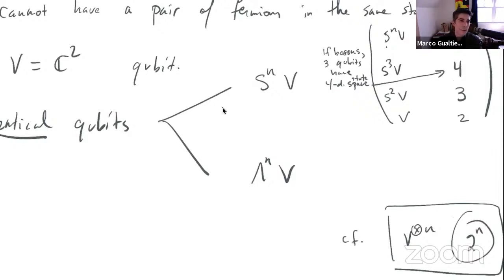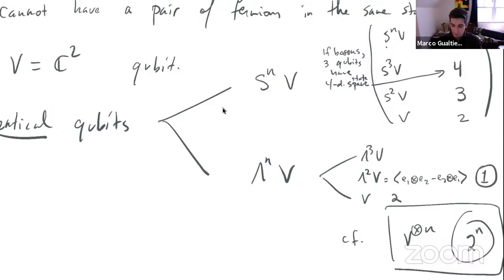Okay, but then if they were fermions, then they would really be killed, because if we look at the dimension of V, that would be dimension 2. If you look at wedge 2 V, that would be generated by n choose 2 only: e_1 tensor e_2 minus e_2 tensor e_1. That's it. There's only one generator, so it has dimension 1. And then wedge 3 V, well, there's no more room. It's 0-dimensional, and it just dies after that point.